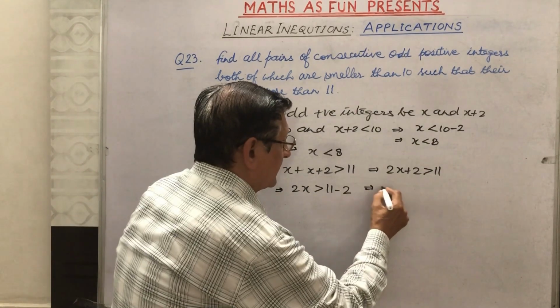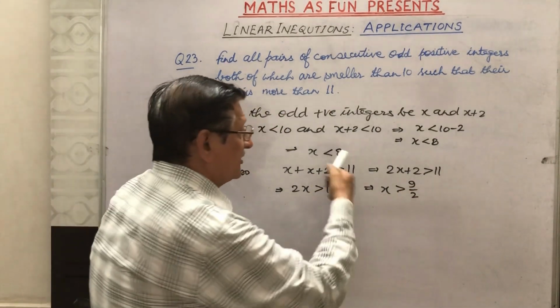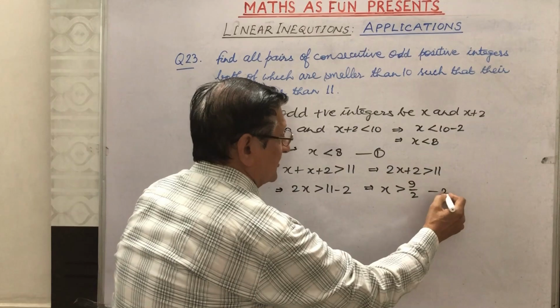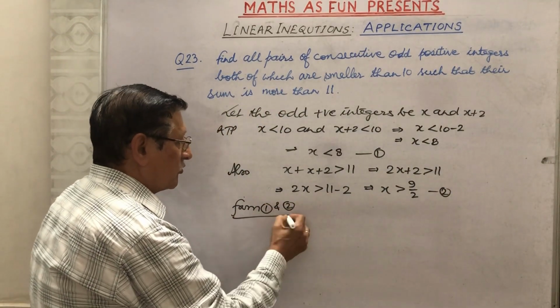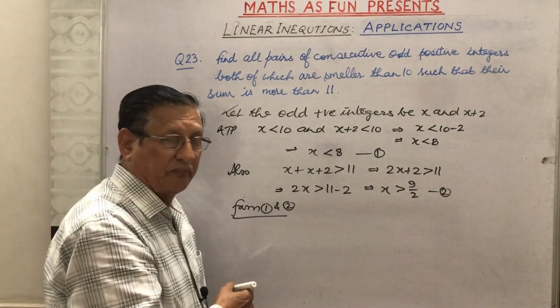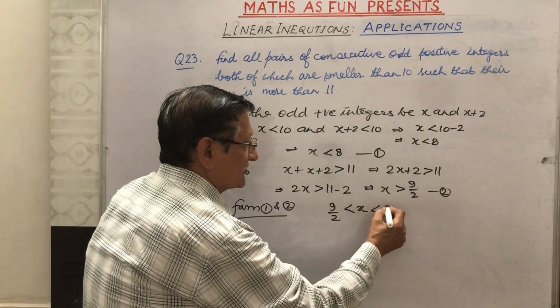It means x > 9/2. Combining these two, from 1 and 2 we get the common solution: x is greater than 9/2 and less than 8.